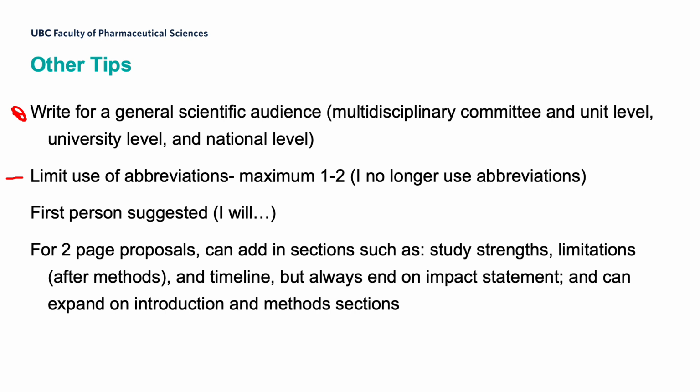The reason is that there's actually empirical evidence from studies showing that people, even trained scientists, can't hold that many abbreviations in their head. And it relates to the first point about writing for a general scientific audience: people outside of a certain field, who are not used to reading those specific abbreviations, don't connect what they stand for. So it actually hinders the readability of applications.